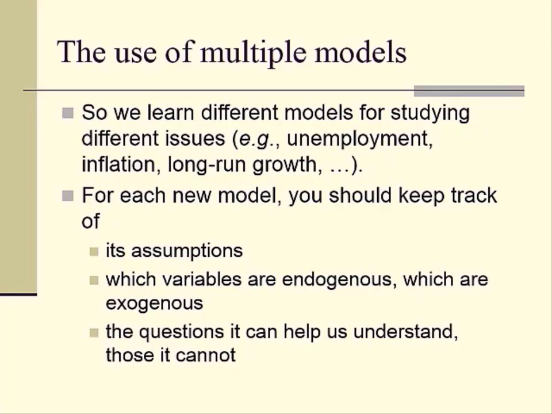For example, unemployment, inflation, long-run growth, etc. For each new model, you should keep track of, however, 1. Its assumptions, 2. Which variables are endogenous and which are exogenous, and 3. The questions it can help us understand and those it cannot help us understand.